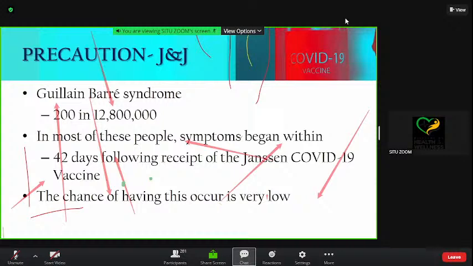But look at the stats again. 200 people got Guillain-Barré out of 12.8 million persons. That's like 0.00007. So the likelihood of getting it is rare. Again, important: look out for the signs and symptoms, and seek medical attention early.